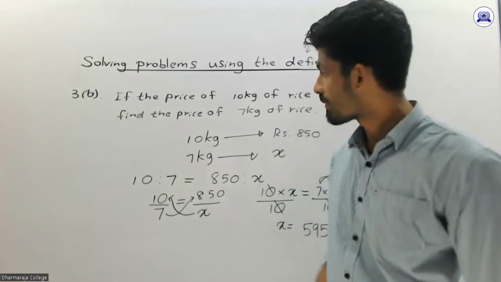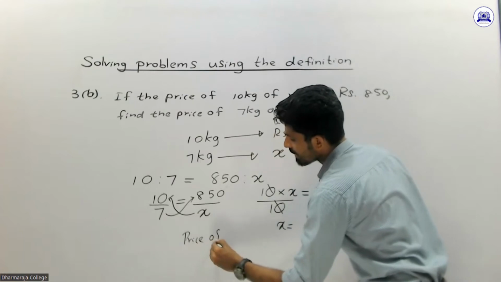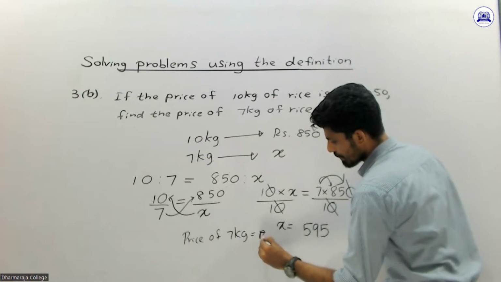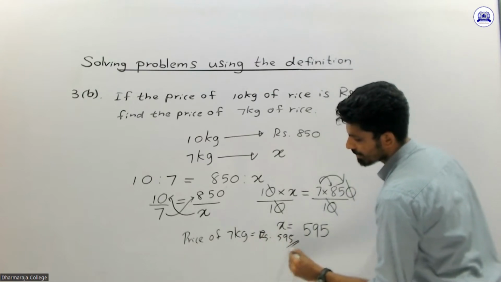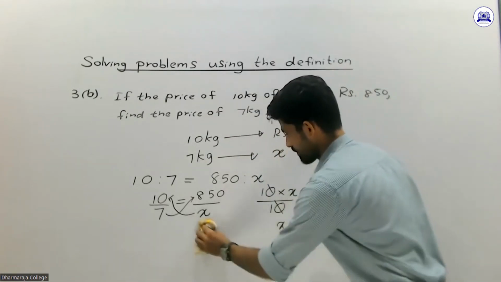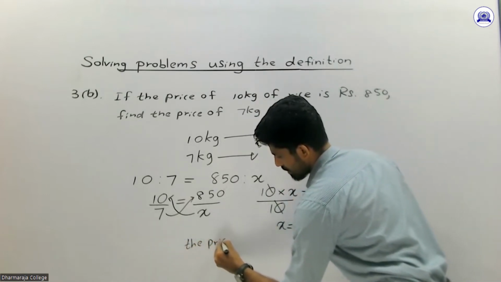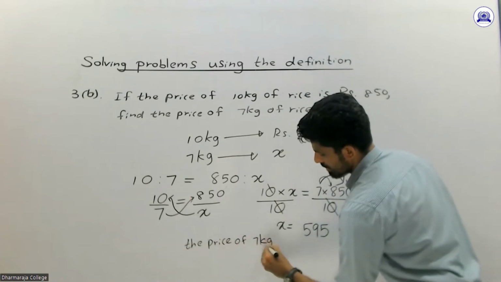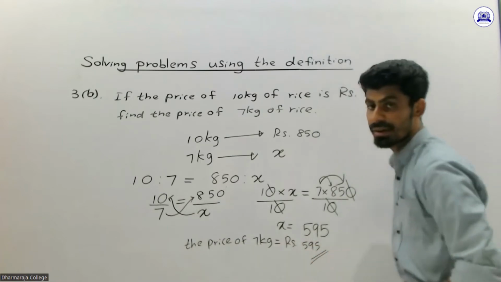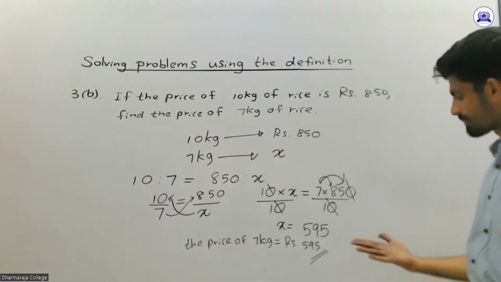The price of 7 kg goes to 595 rupees. Very easy.